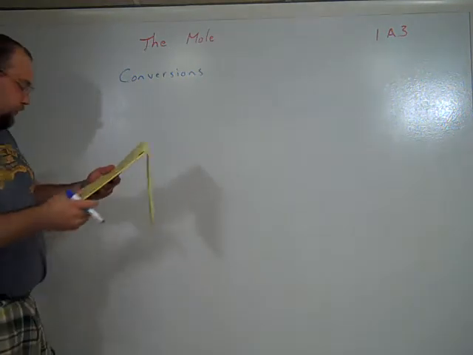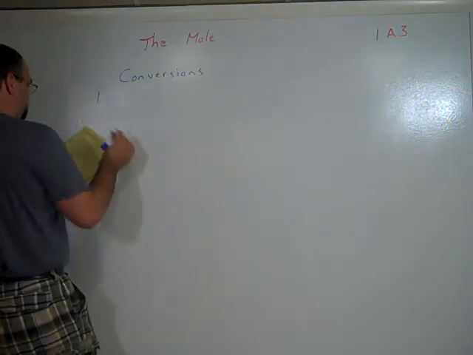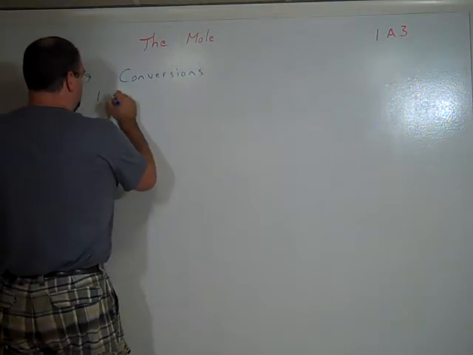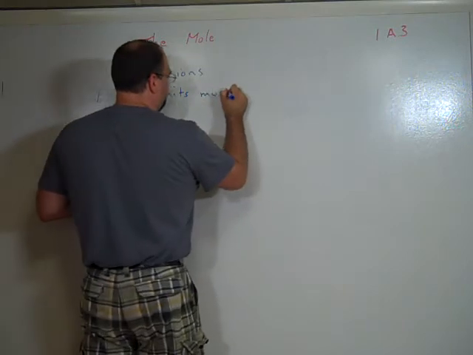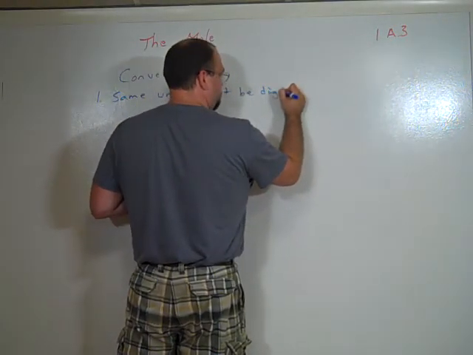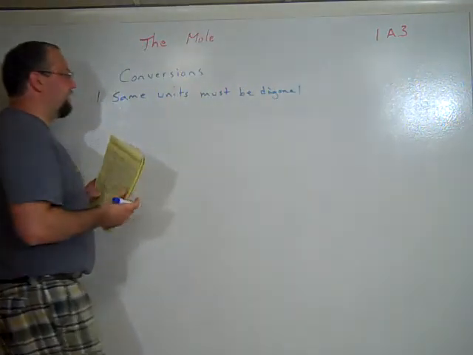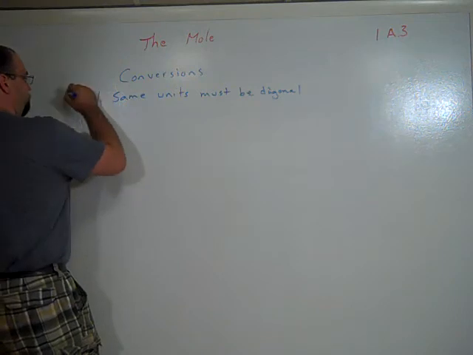Okay, there's a couple of rules with conversion, and I kind of wrote them in the margins here. Rule number 1: same units must be diagonal from each other. Okay? That's rule number 1.